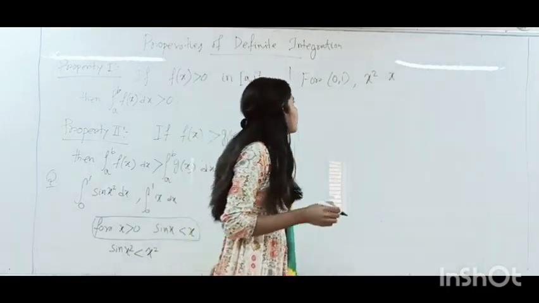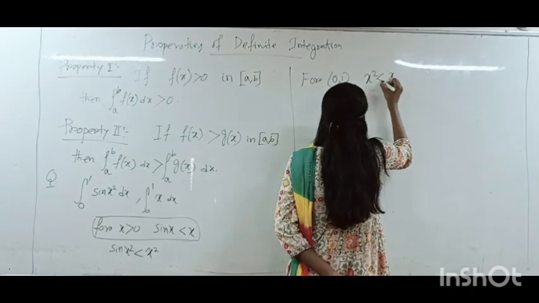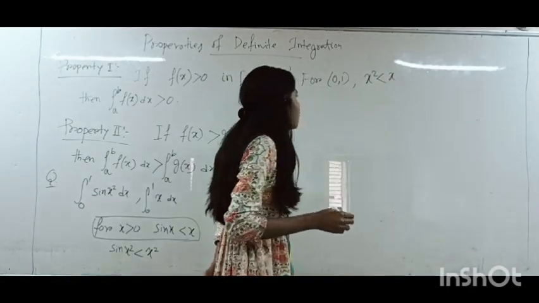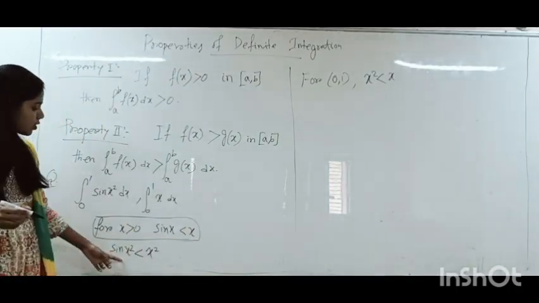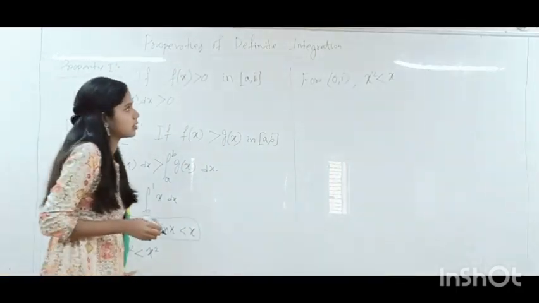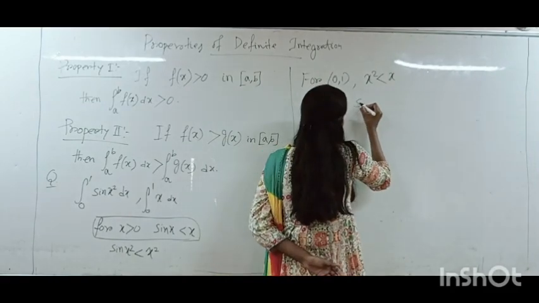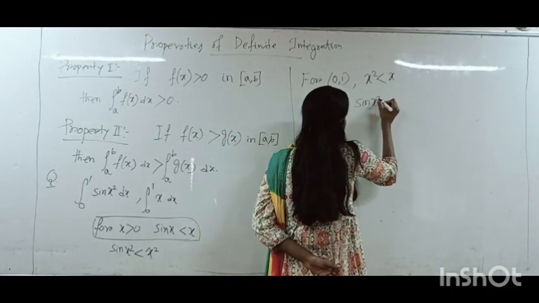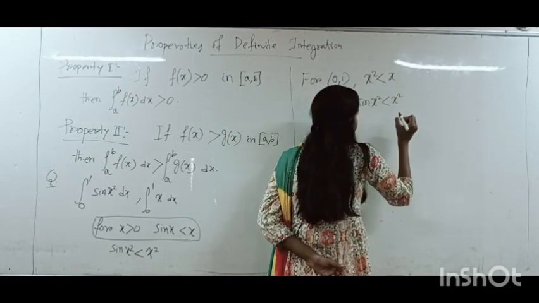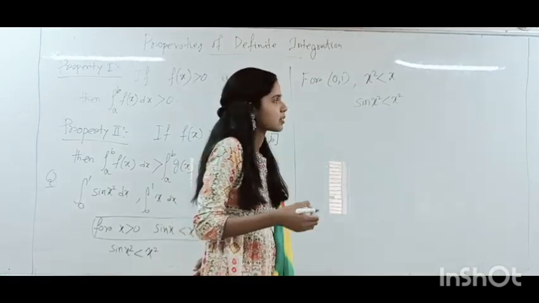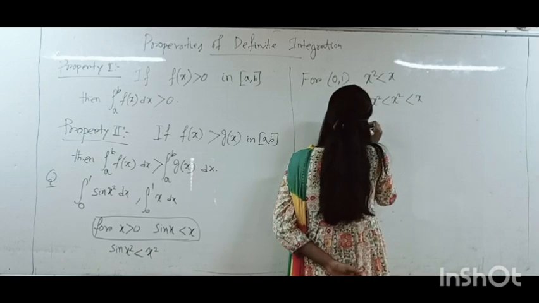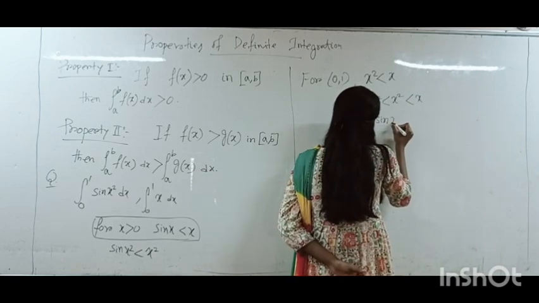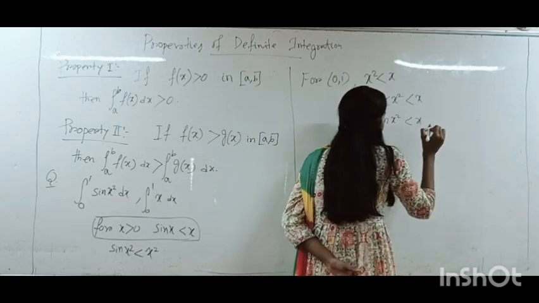Yes, right. x square will be less than x. So what we get here is sin of x square less than x square, and that is less than x. So we get sin of x square less than x.